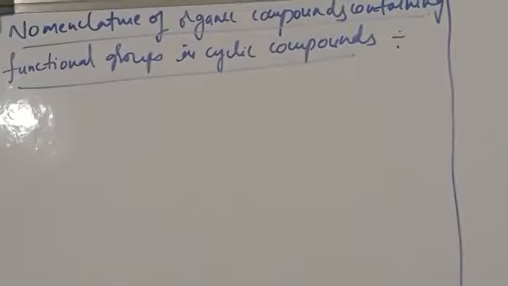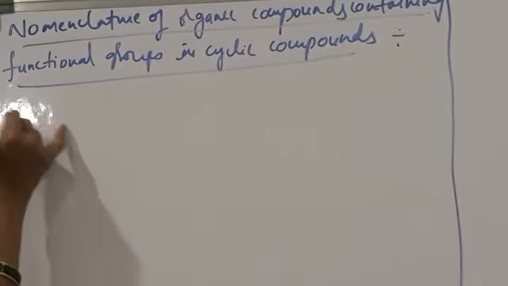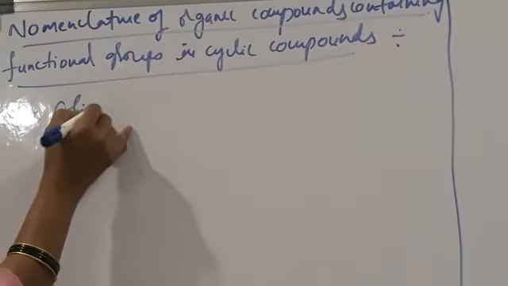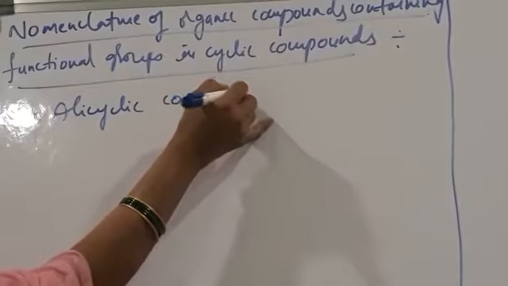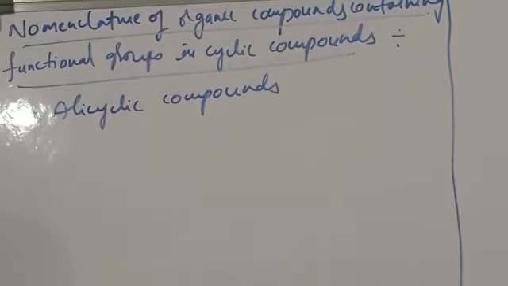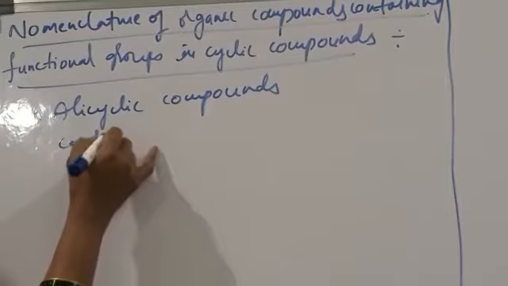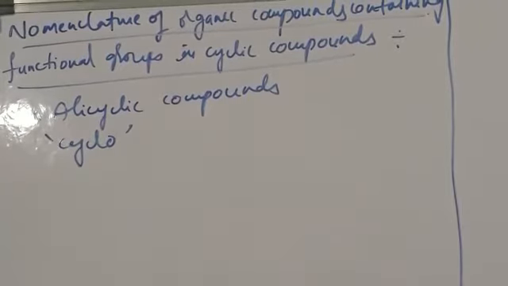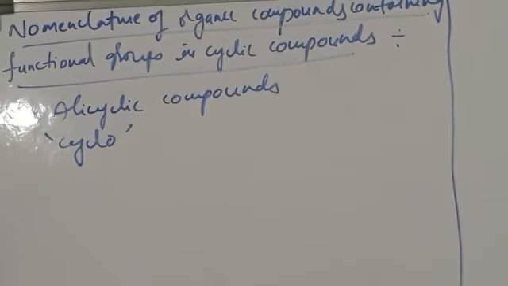First, coming to alicyclic compounds, commonly we use the prefix cyclo for naming this type of compounds. The general prefix for alicyclic compounds is cyclo.